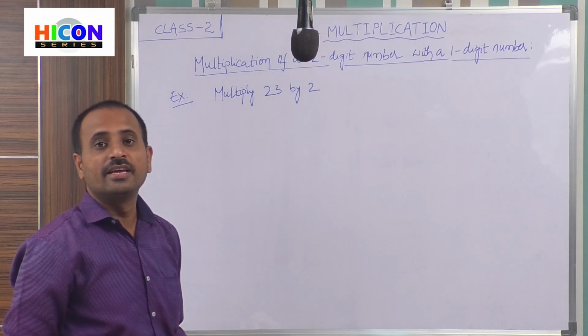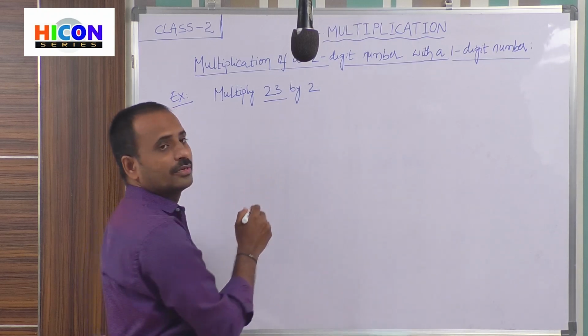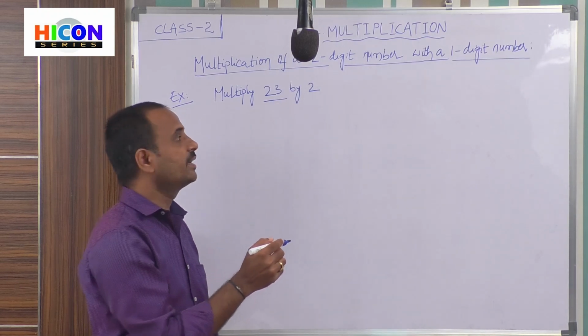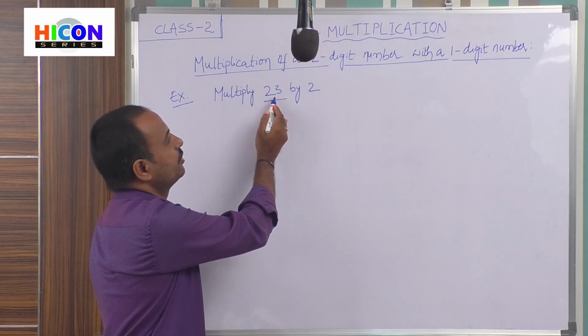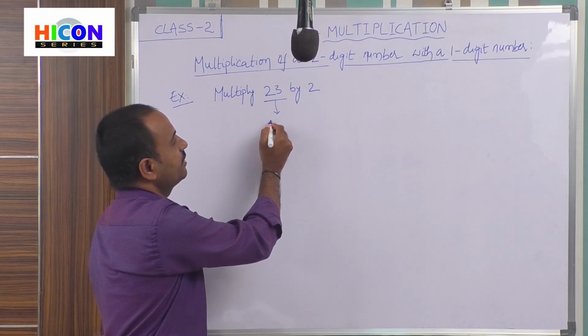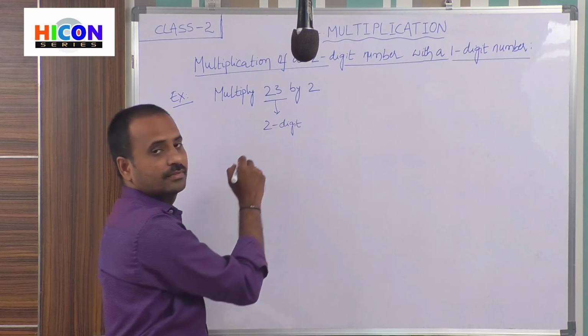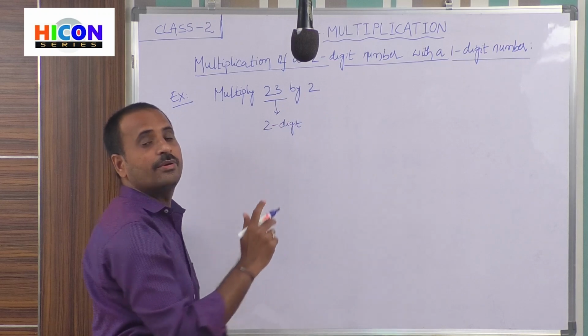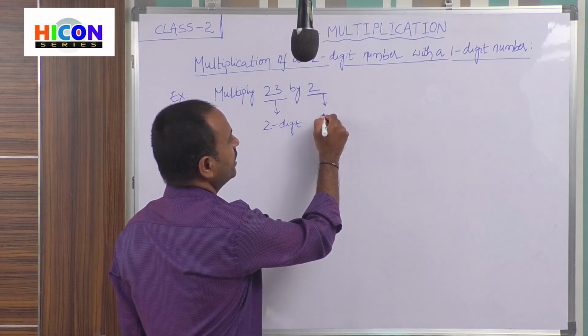Children, here 23 is a two-digit number. In 23 there are two digits, 2 and 3, so this is a two-digit number. And 2 is a one-digit number.